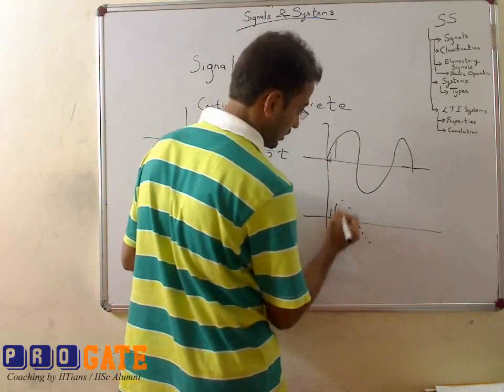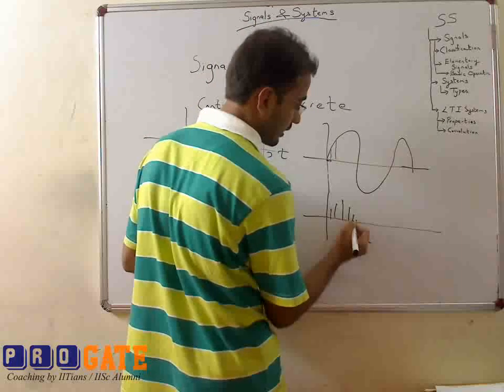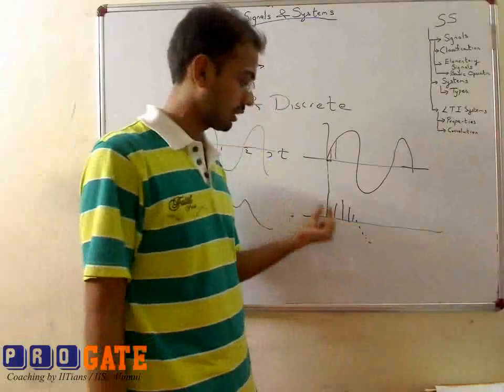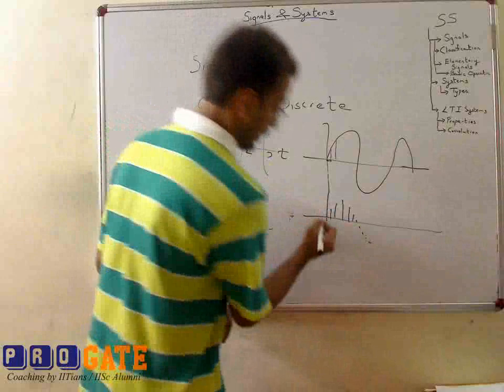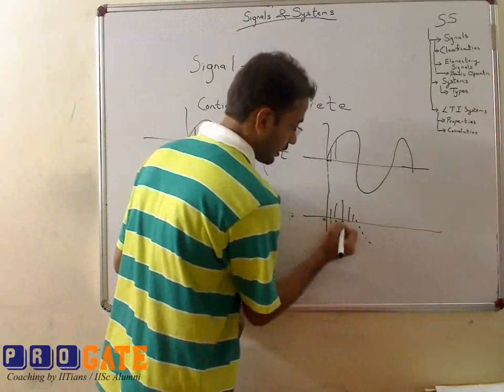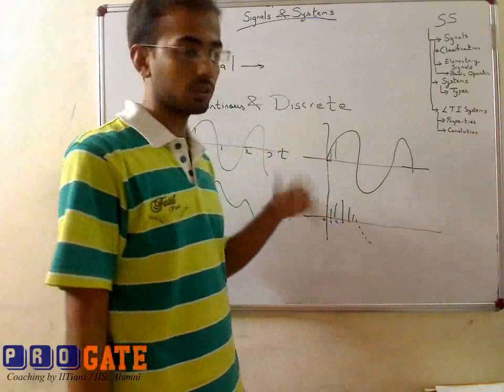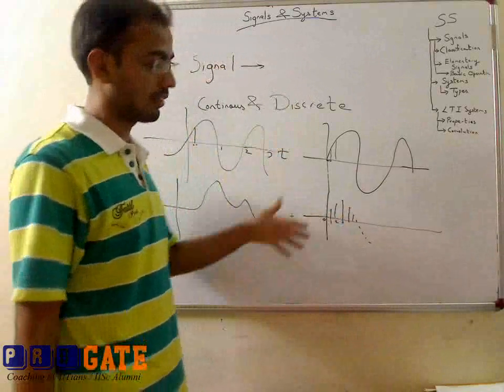These are my discretized signals. Why? Because I have divided my continuous domain into some discrete points. If I say this is 0, this is 1, 2, 3, I cannot find a value at 0.1, because I have discretized it just for storing, because continuous signals are difficult to store.